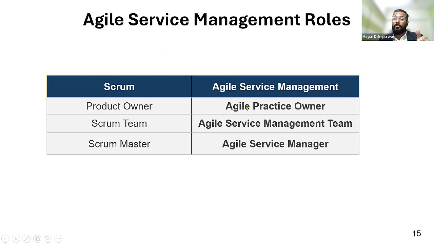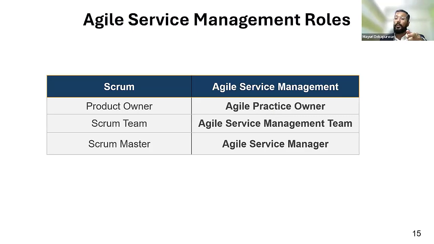You have a practice owner role who is going to own a practice backlog. Within that practice backlog, you will have different microprocesses and high-level stories about those microprocesses. And you have the Scrum team. So here you have the Agile Service Management team. In the Agile Service Management team, you will include the practice owner and service manager roles as well.